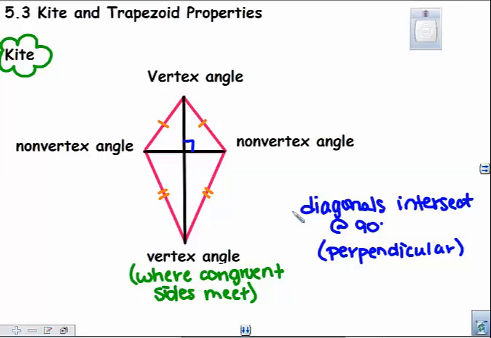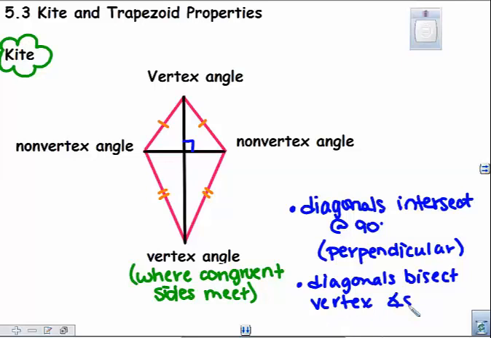So the diagonals are perpendicular and the diagonals bisect the vertex angles. In our picture we could mark that, showing if this angle is being bisected, that means this is congruent to this.